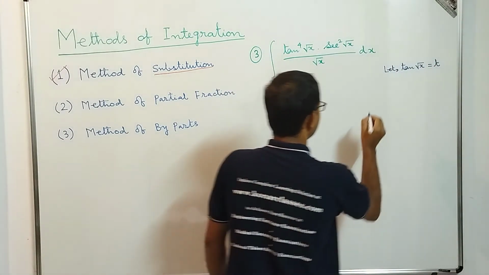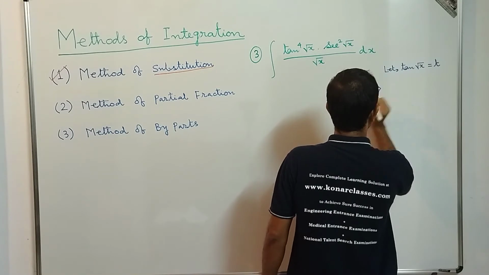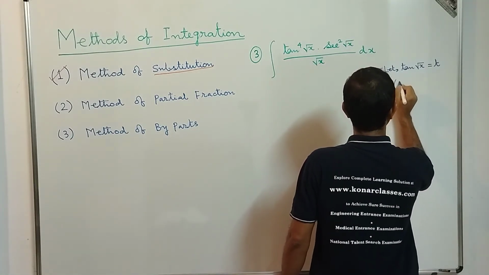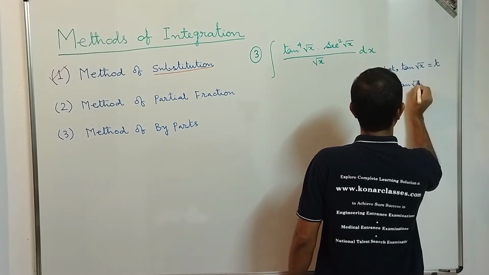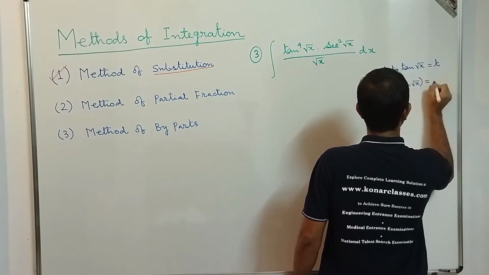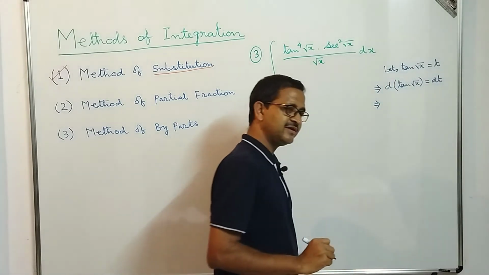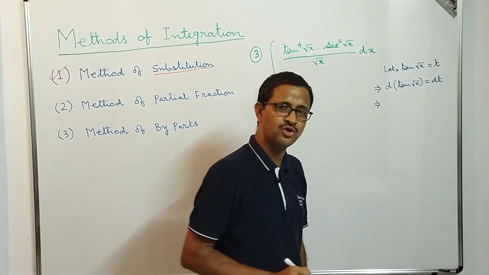Then, dear students, if we differentiate, what we will get here is d of tan of square root of x is equal to dt. So what is the differentiation of tan of square root of x?